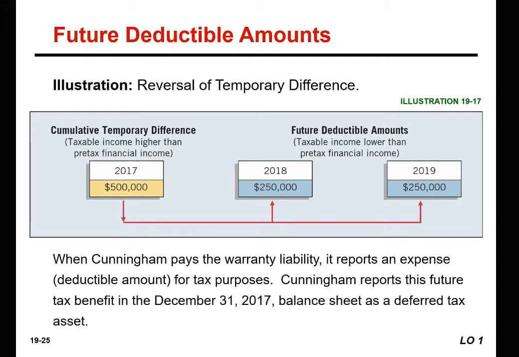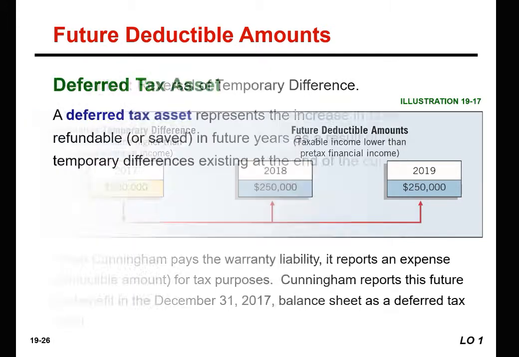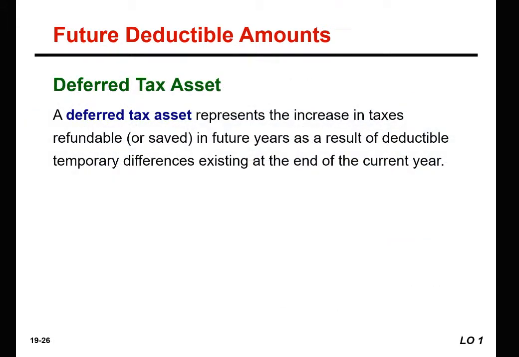So we report this future tax benefit on the balance sheet as a deferred tax asset. So a deferred tax asset represents increases in amounts that should be refunded to us in future periods as a result of a difference in the current period.